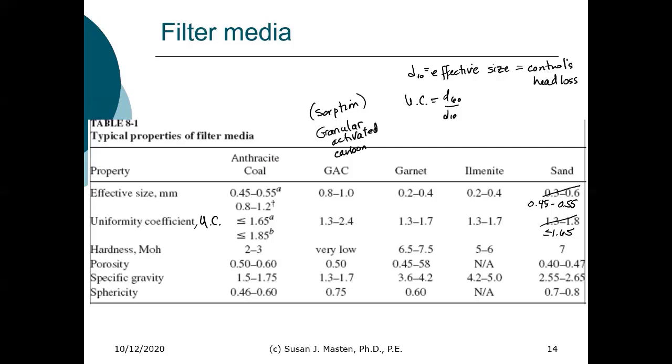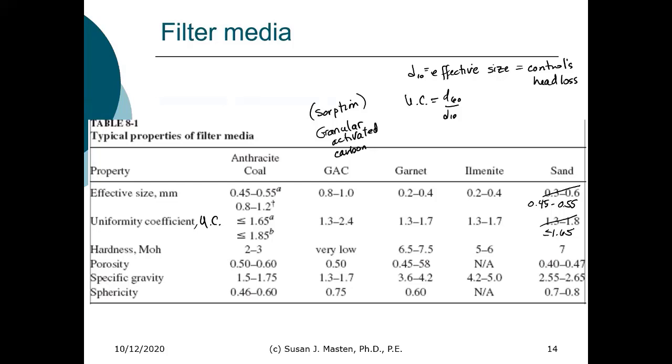The lower the hardness, the more likely during backwashing your media breaks apart, and you don't want the media breaking apart during backwashing. The specific gravity is obvious what it is.